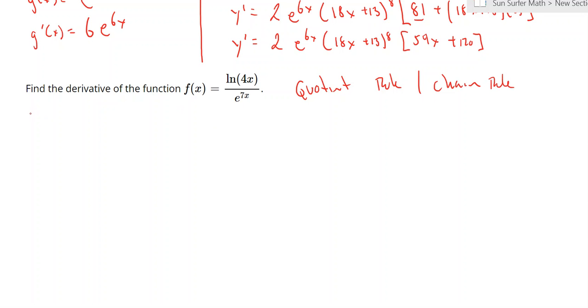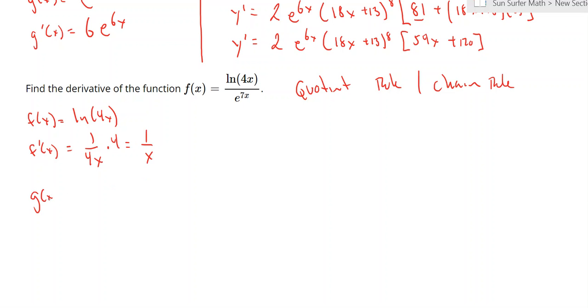So in this case, f of x is the numerator, which is the log of 4x. The derivative of that is 1 over 4x times the derivative of 4x, which is 4, which becomes 1 over x.